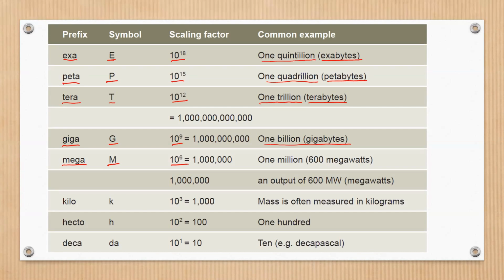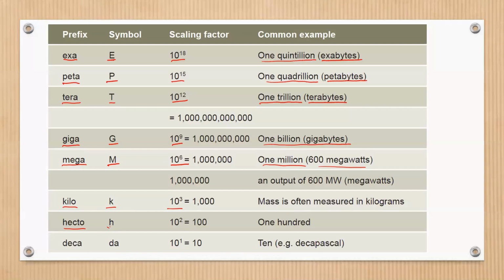We say megawatts as well for the power of electricity. Kilo means 1,000, 10 to the power 3. Mass is often measured in kilograms, which is the SI unit of mass.